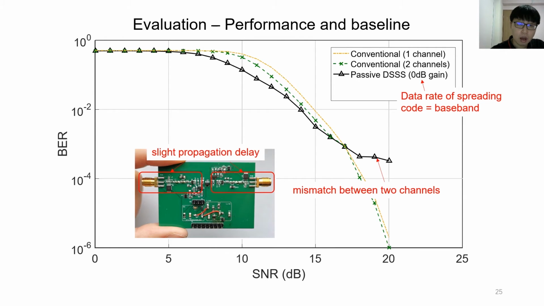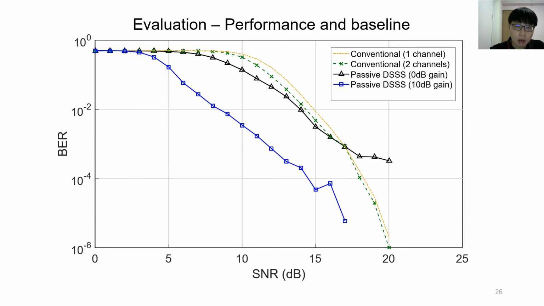This is because of the synchronization mismatch between the two channels. The mismatch comes from the slight propagation delay between the two channels. And then we increase the processing gain to 10 dB, and we can see the communication performance is improved significantly. And we proceed to increase the gain to 20 dB, and this is the result. So we can see passive digital base can efficiently increase the downlink communication performance.